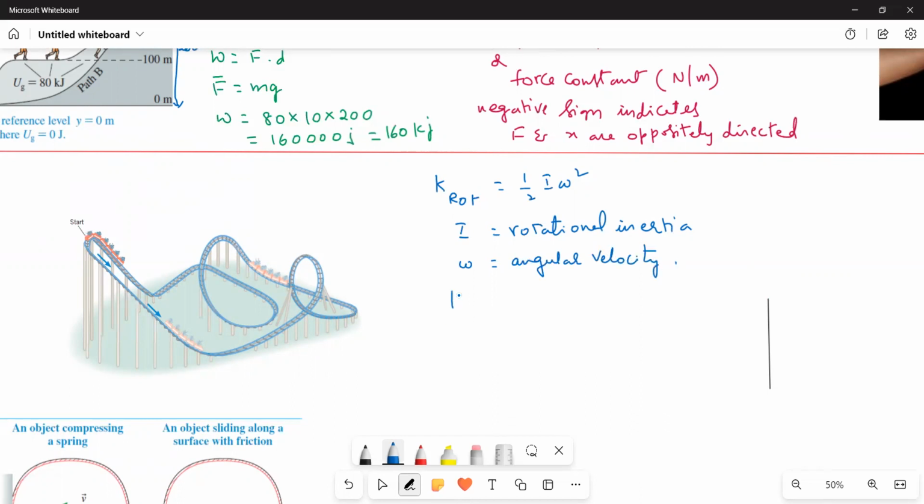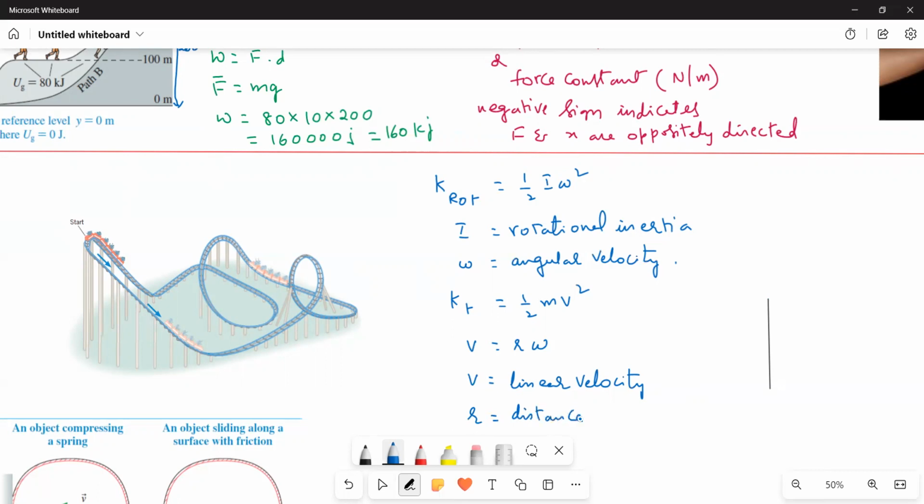You know, K translational is equal to half mv square. And you know v is equal to R omega, where v is the linear velocity, and R is the distance between the axis of rotation and the object.